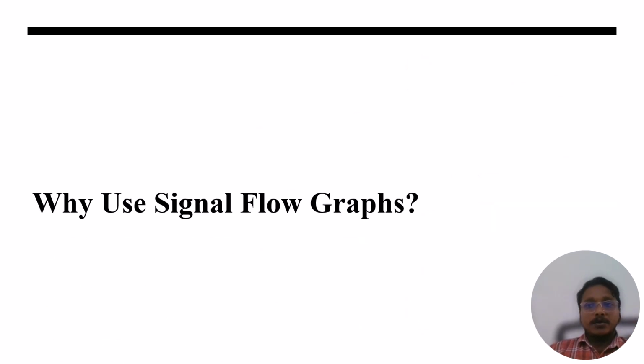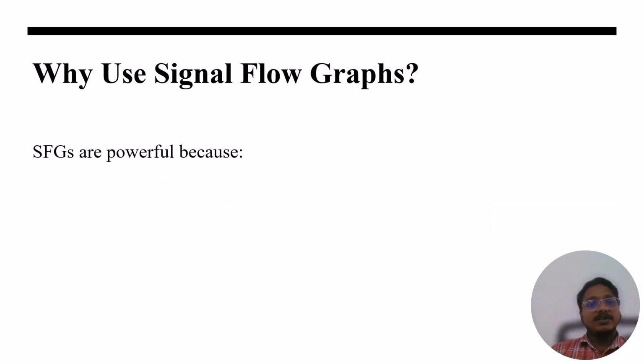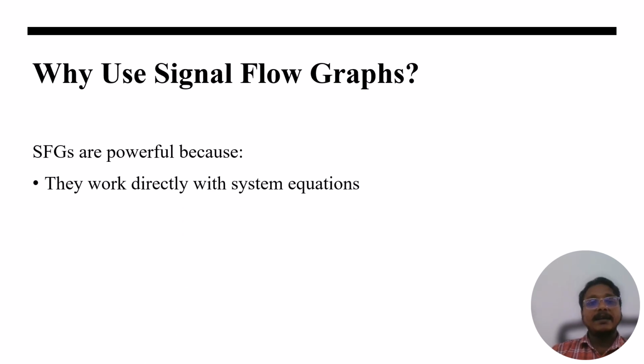Okay, so why do we need to use signal flow graphs? Because signal flow graphs are used in many places, and they are a direct implementation of the system equations. In block diagram representation, some parts are reduced, some are not, and some of the transfer functions we may neglect. But signal flow graphs are not like that.